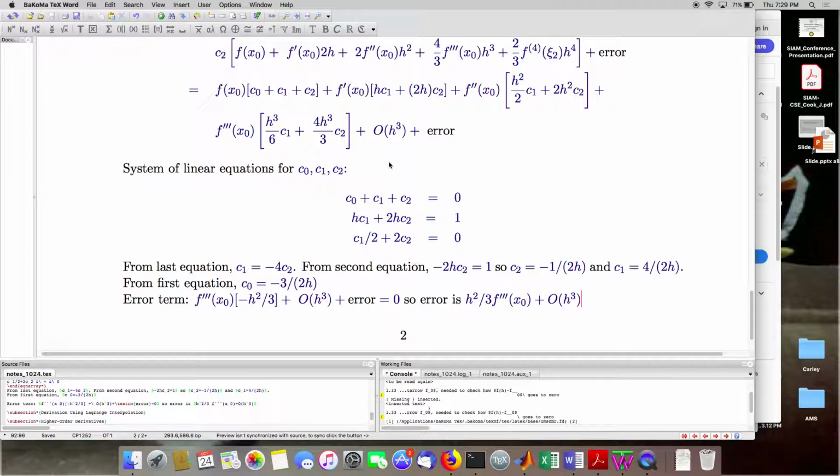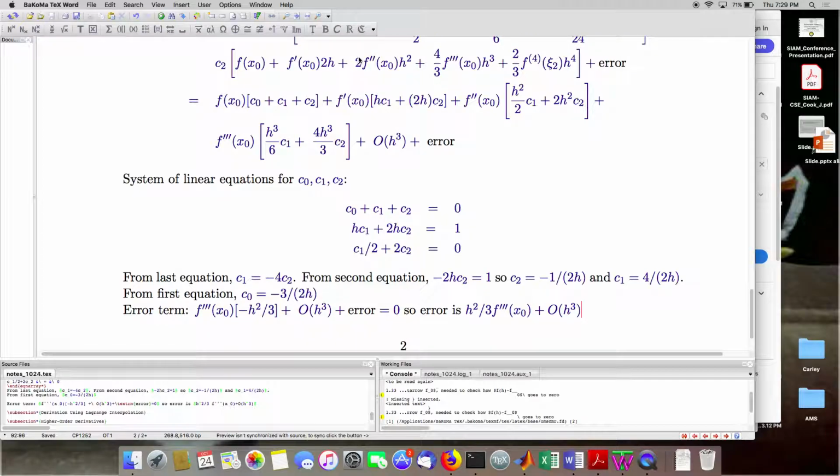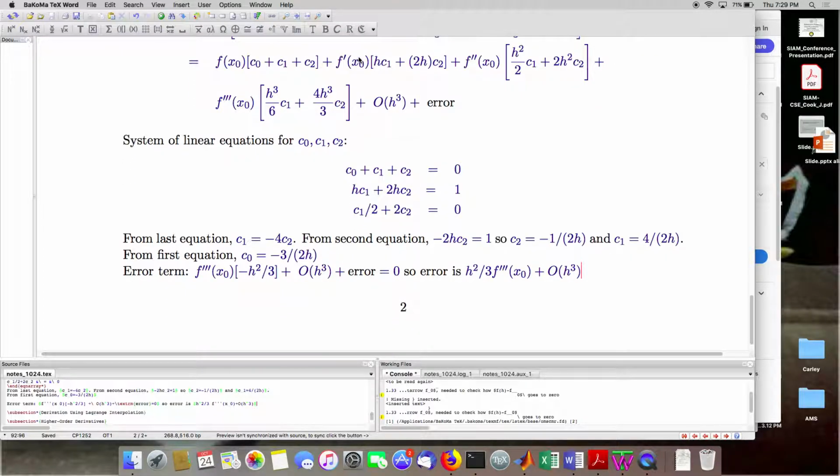Okay. All right. Now, this is what I've shown here. Let me state the approximation.